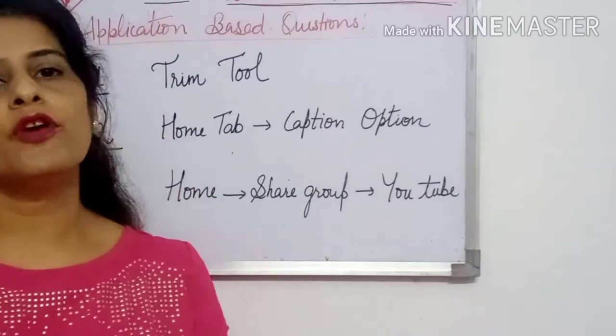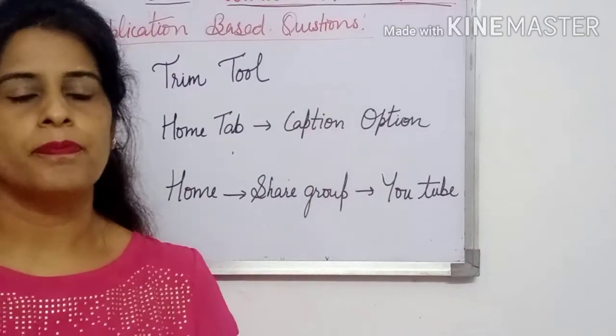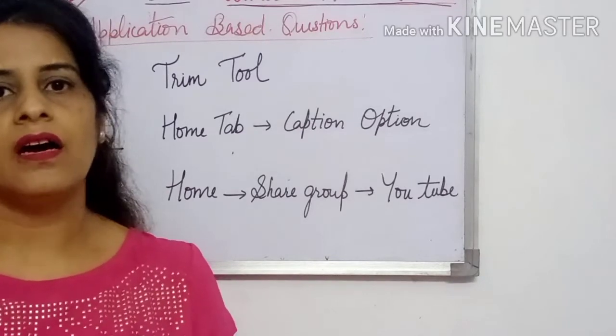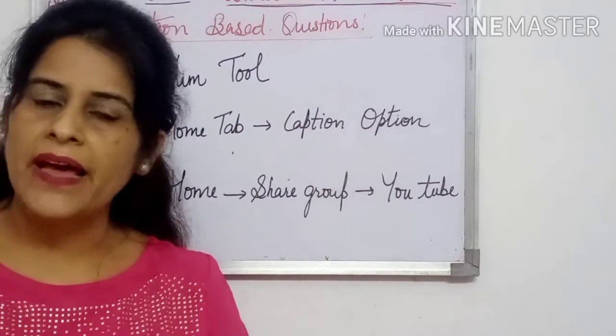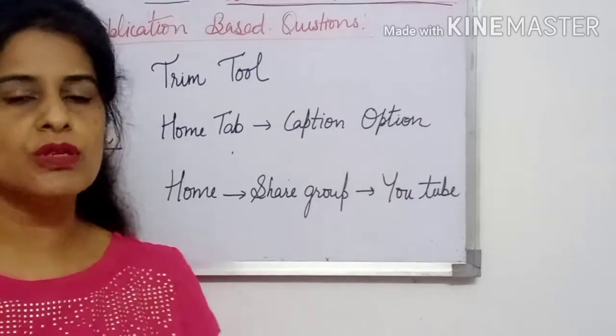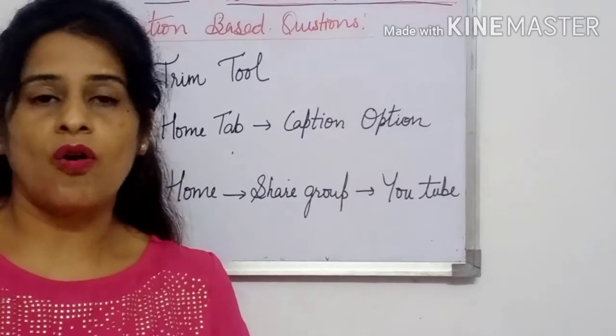So today we have completed the bookwork of Chapter 2, Windows Movie Maker. I have taught you everything: fill in the blanks, true or false, MCQs, and application-based questions. I think all of it is clear to you.